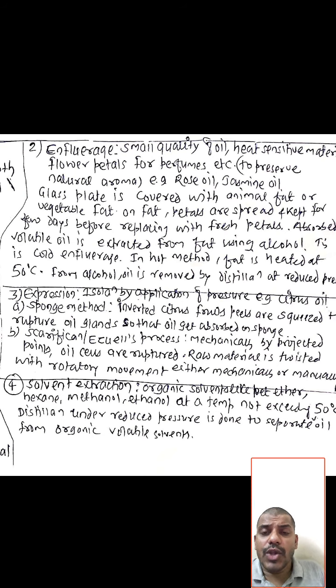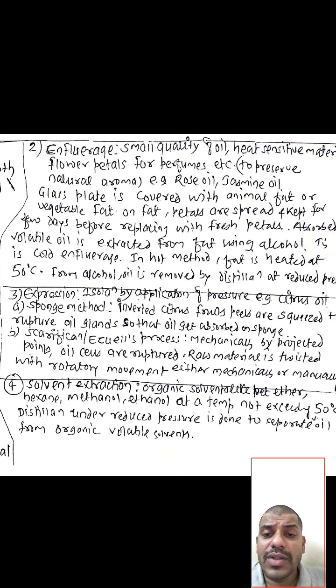We will spread uniformly on a sheet of wax, and we will keep it some time, so that all the volatile principles will be absorbed by this fatty material. We will remove this exhausted petal. We will put separate fresh petal until it is over. We will keep doing this cycle again and again until all the fat is completely saturated with the volatile oil.